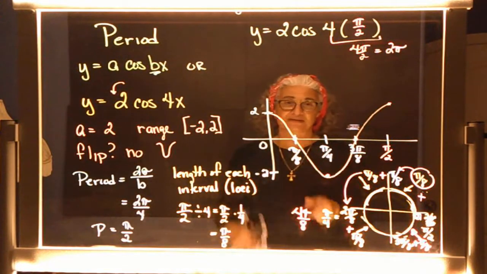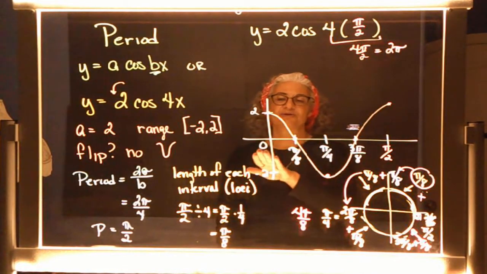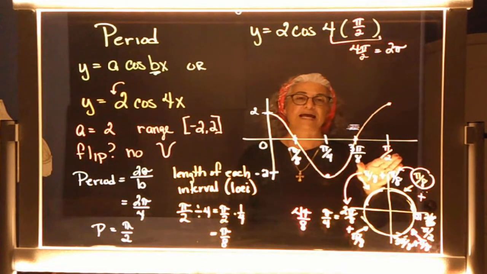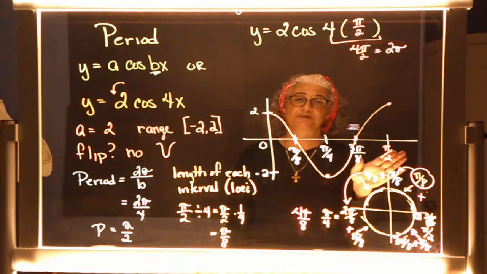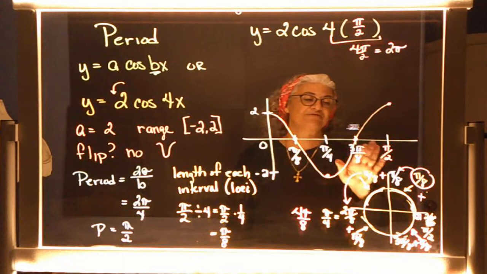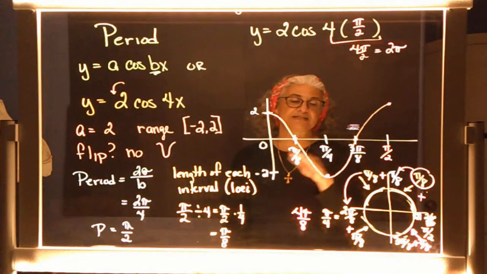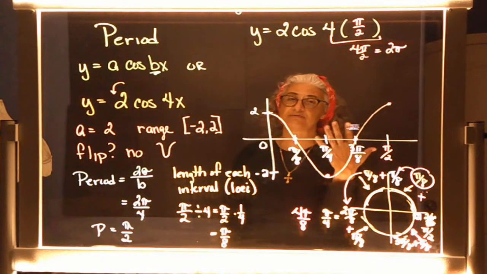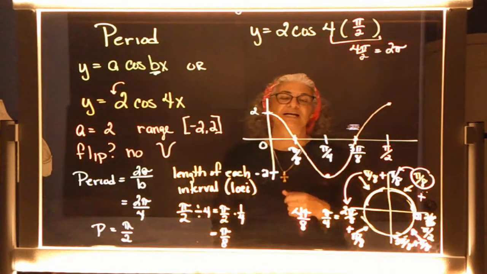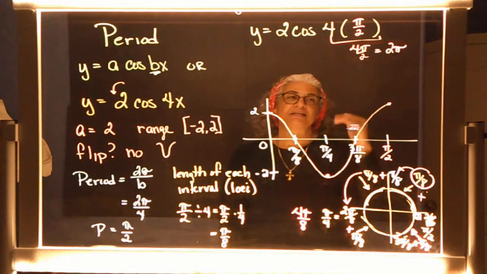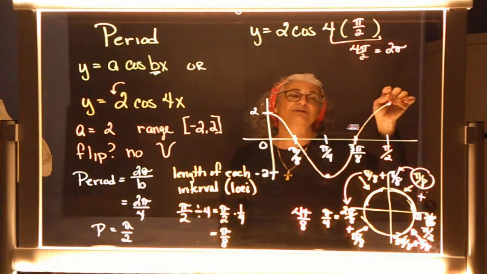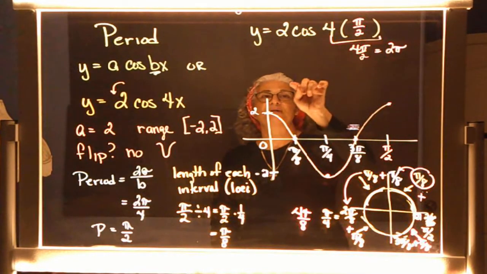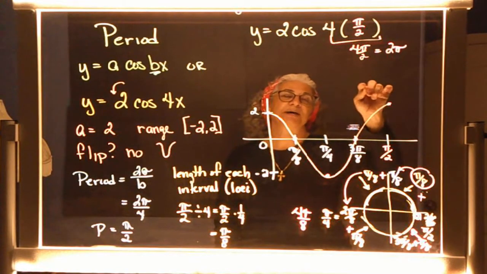Do you notice, even though I plugged in these new angle measurements, I had 5 of them to plug in, even though I plugged in 4 really different angle measurements, I still had to plug in the 0, a total of 5 angle measurements. I still ended up taking the cosine at 0, and then pi over 2, and then pi, and 3 pi over 2, and back to 2 pi.